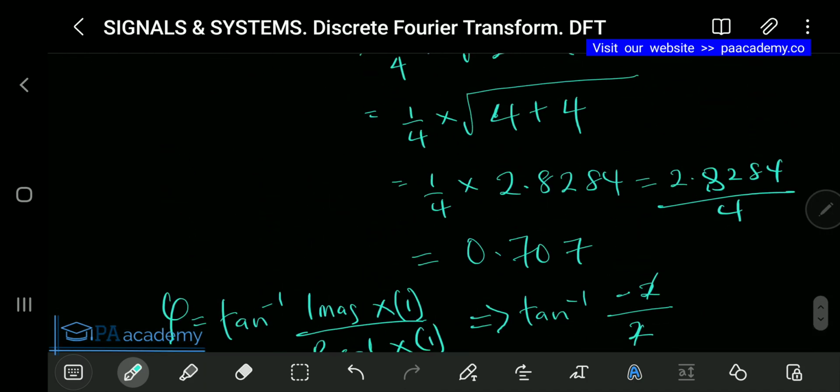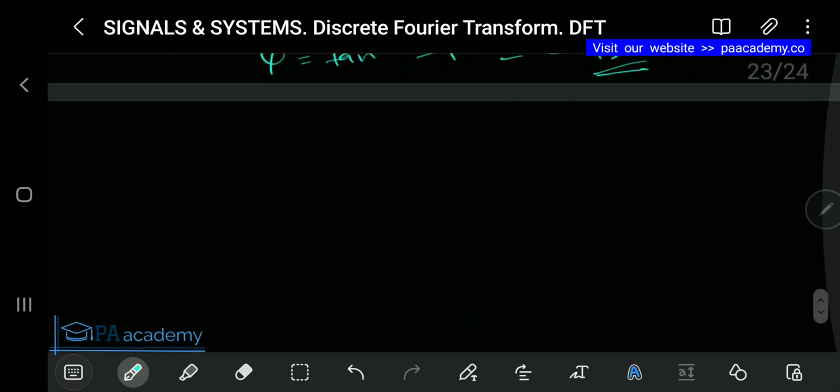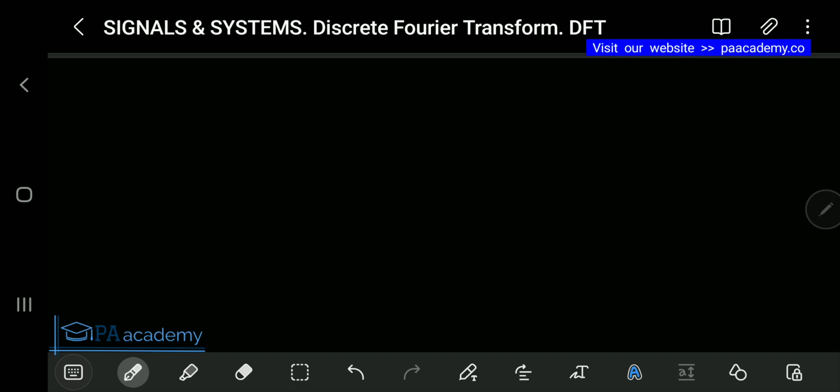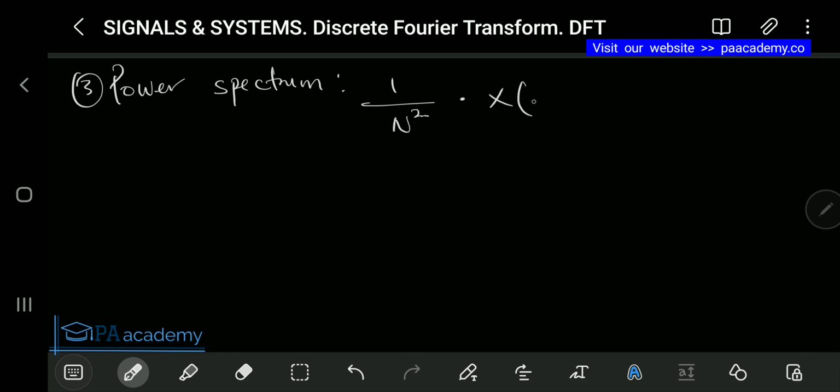So now let's look for the power spectrum. So for the power spectrum, okay, so let me write the formula again. 1 over N squared multiplied by X of k squared.